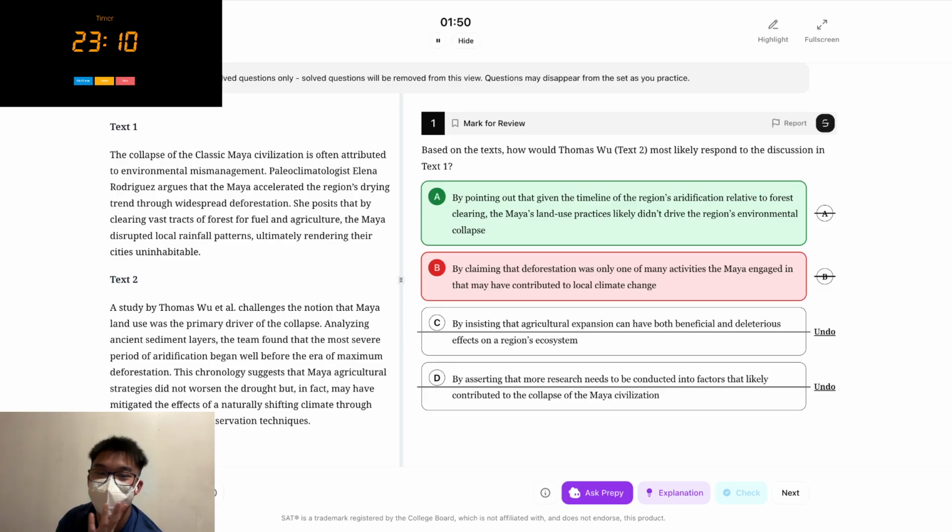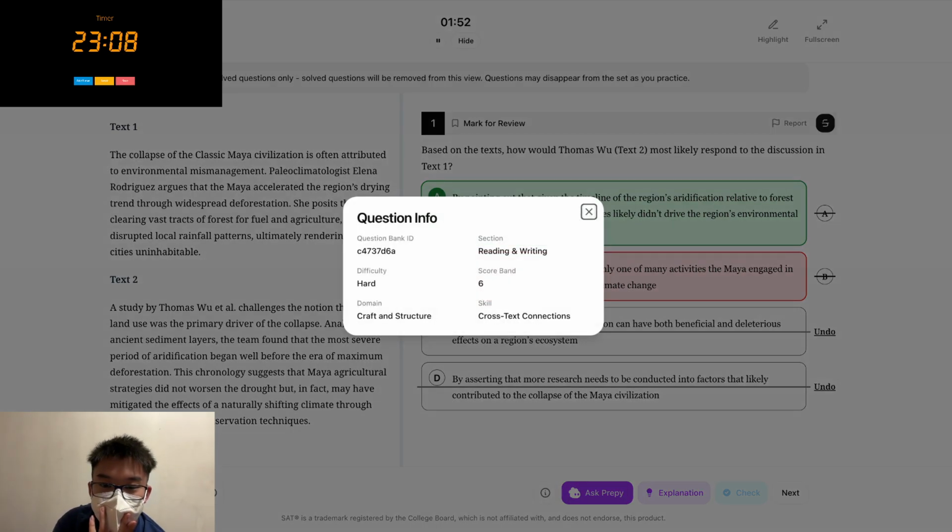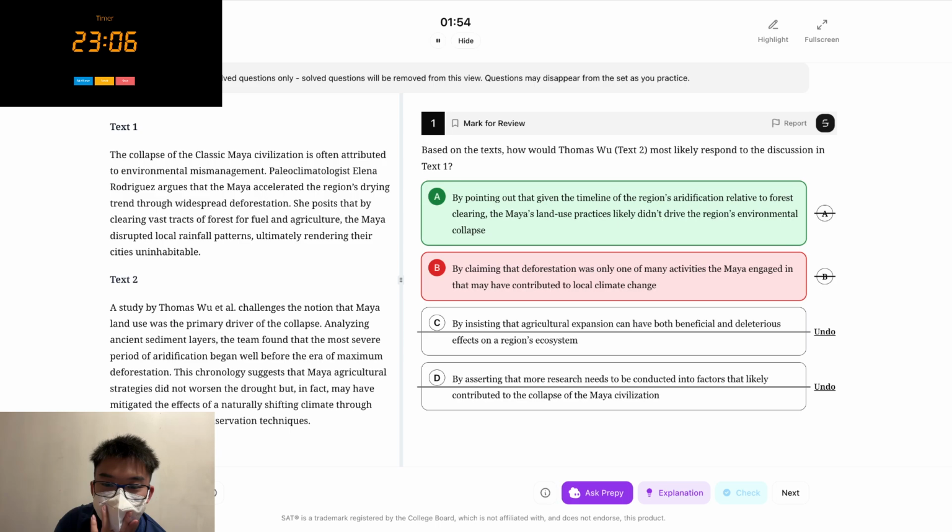I guess I covered timeline more. Yeah, I screwed up on this part. It doesn't talk about many. I was thinking about agricultural strategy. Yeah, it doesn't really add up. Crap. Next.